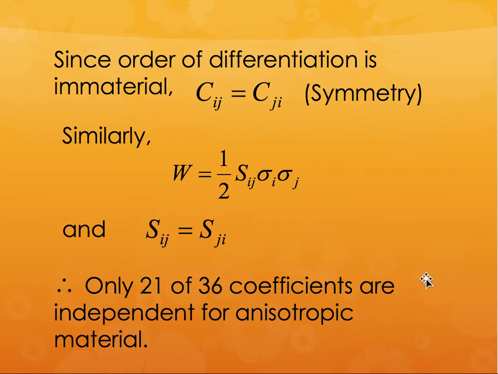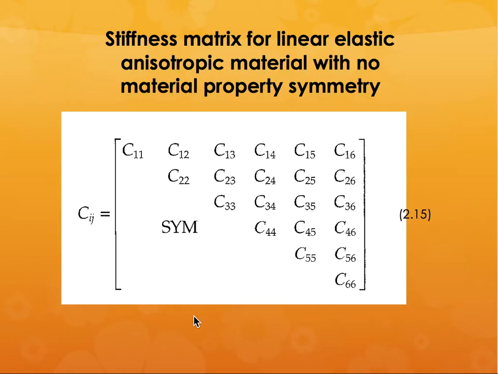For an anisotropic material, there are only 21 independent coefficients. So if you have symmetry, you can eliminate 1/2 of this matrix.